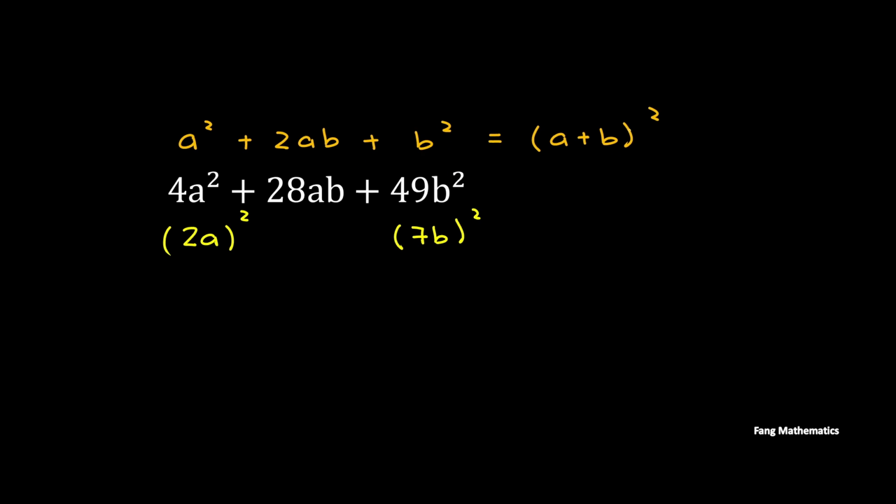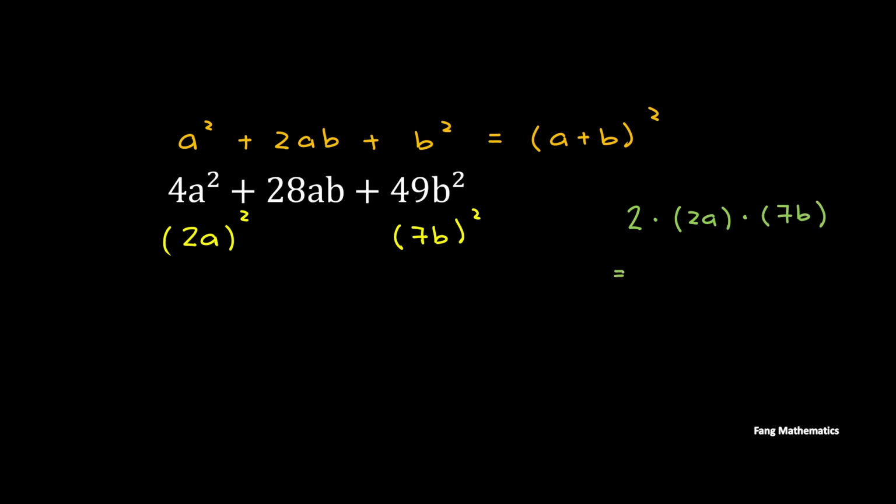So before we turn that into the factored form using the shortcut method, we are to determine whether this 28ab, the middle term, is in the form of 2ab. 2ab, you have the 2, and let's look at the a in our case, that is 2a, and let's look at b in this case, that is 7b.